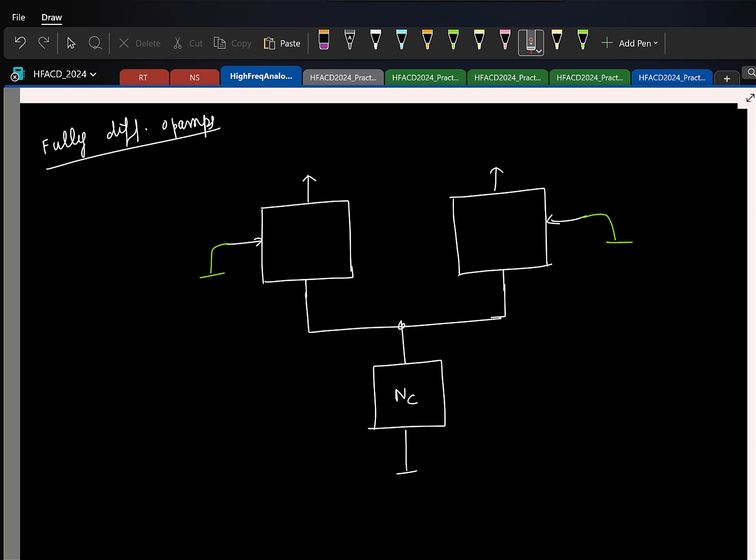If you look at the noise in the common network, let us say something here is injecting some noise current here, right? And let us say now I look at the differential output. So what do you think will happen to this? Remember, these are identical networks. So this noise current is going to get equally divided.